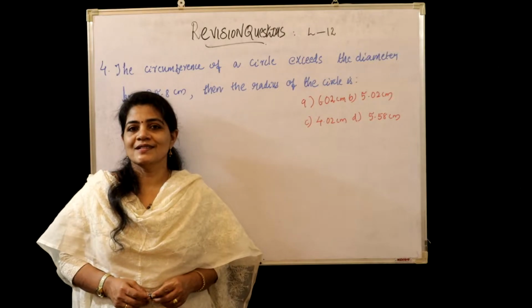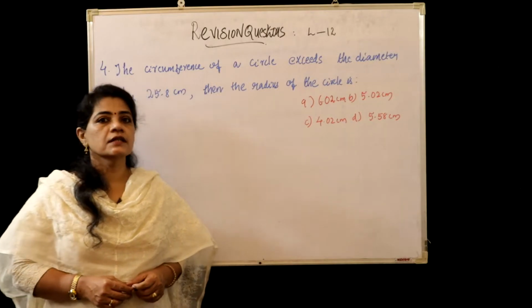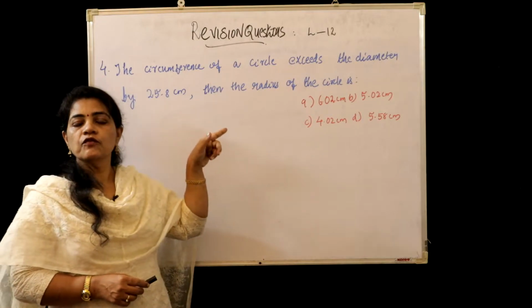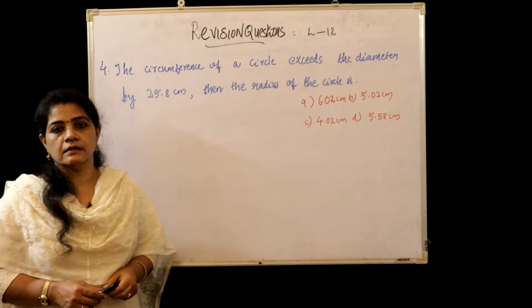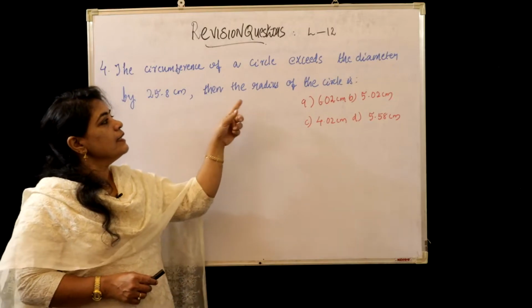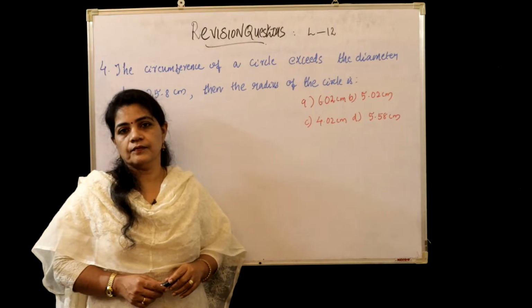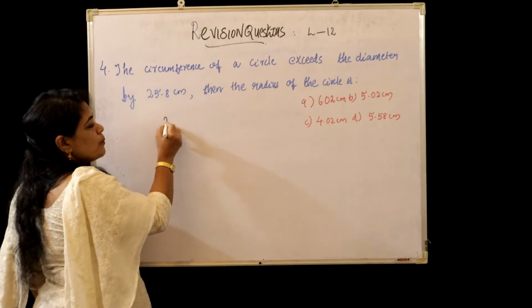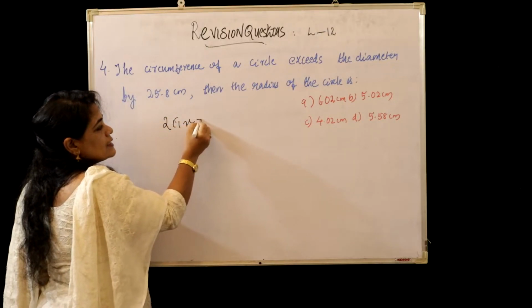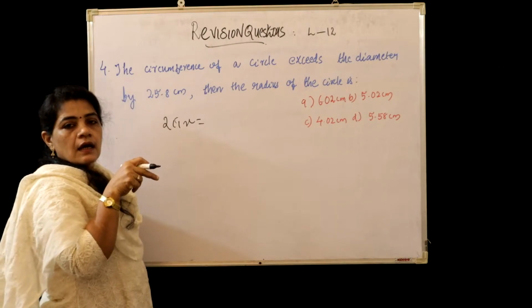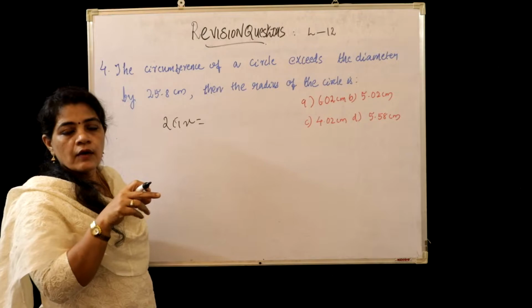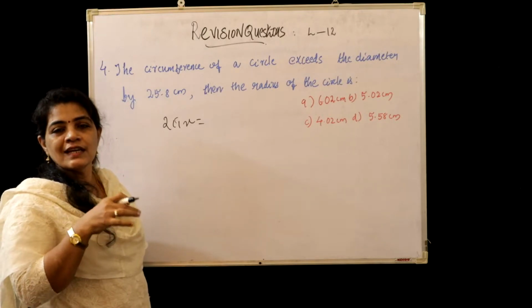Now the fourth question. The circumference of a circle exceeds the diameter by 25.8 centimeter. Then the radius of the circle is. So, what is given? The circumference, that is 2 pi r, of a circle exceeds the diameter by 25.8 centimeter.